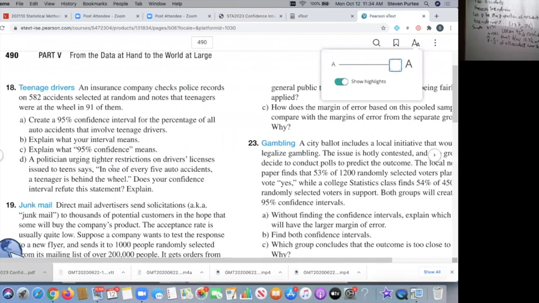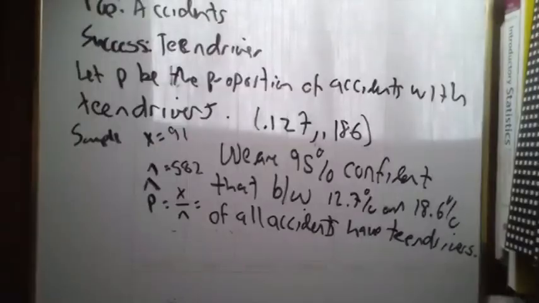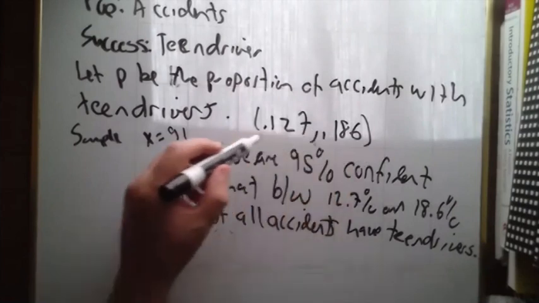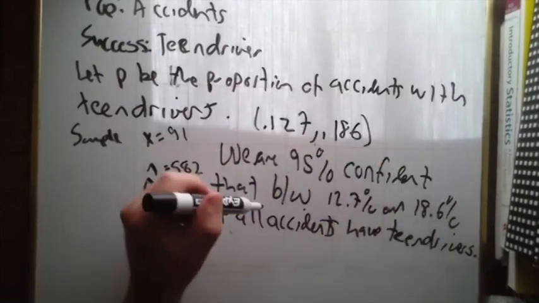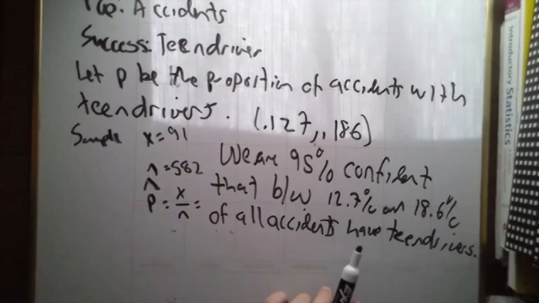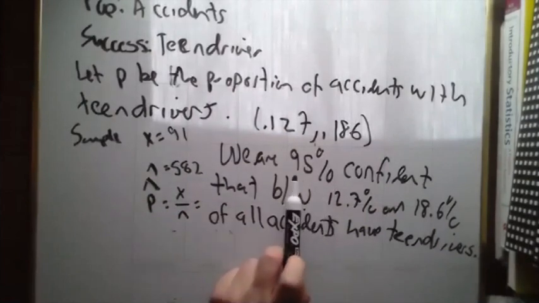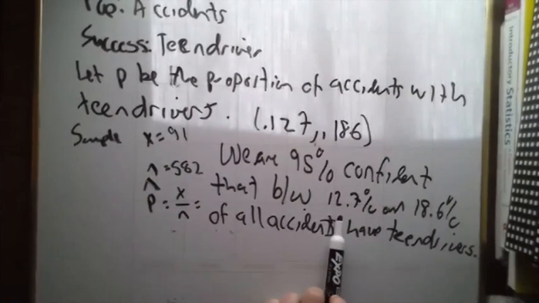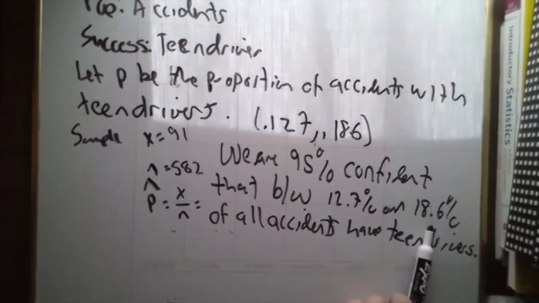This politician is saying 1 out of every 5 accidents has a teenager behind the wheel. 1 out of 5 is 20%. Say he says 20% of accidents have teens. Look at my interval. My interval says I'm pretty sure, 95% sure, the real number is between 12.7 and 18.6.